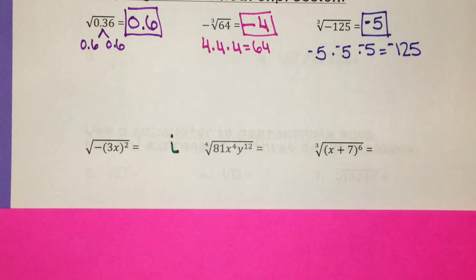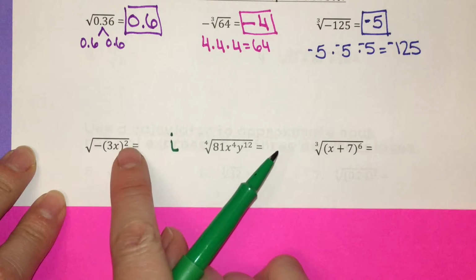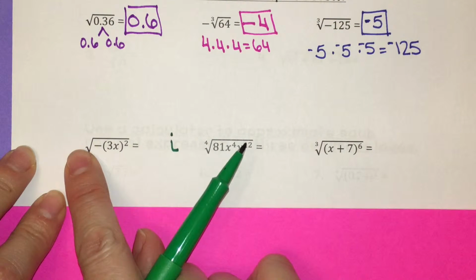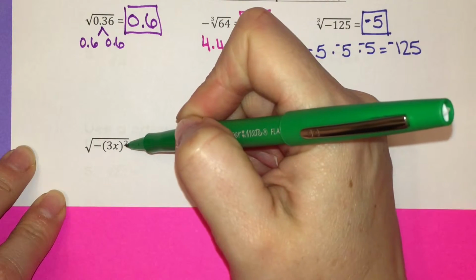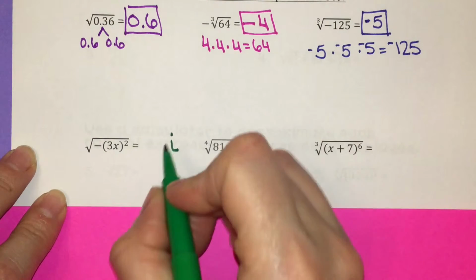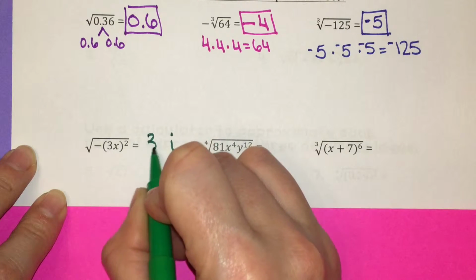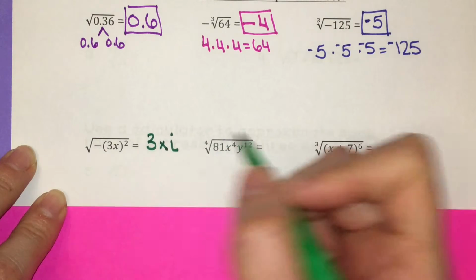Anytime it's a square root of a negative, just pull that out. Well, 3x squared, and we're taking the square root of it. You might know that taking the square root and squaring something are opposite operations, so they actually undo each other. So I'm left with a 3x. So we have 3x i.